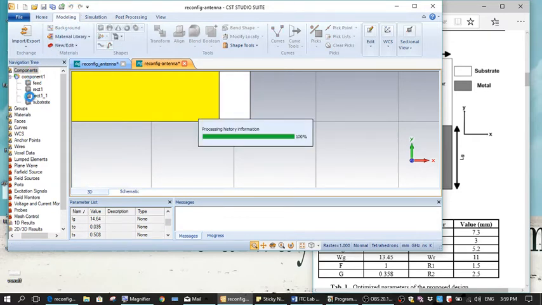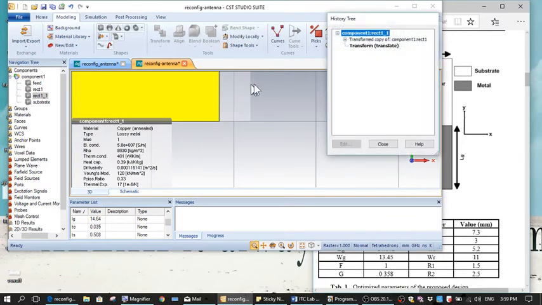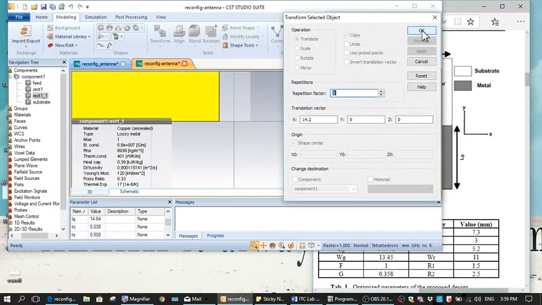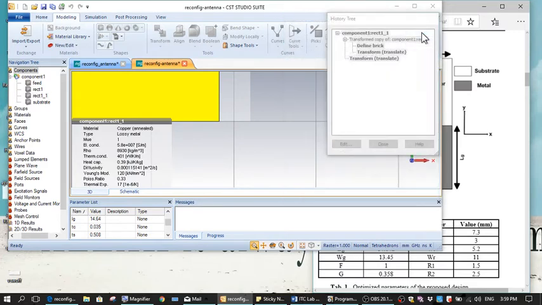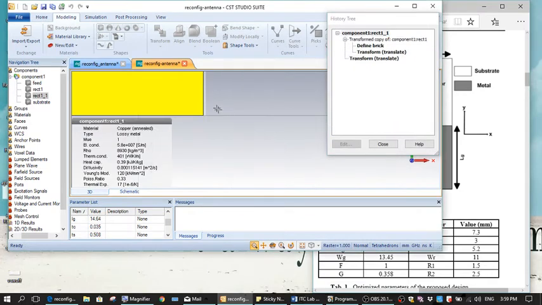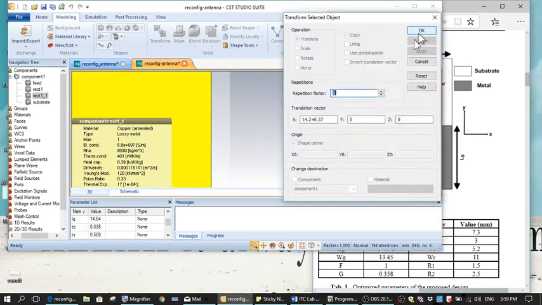So for that we need to go to rectangle 1, and maybe this is it. Let's add 0.37. Okay, so it worked, which is good. 3, 7, 8.